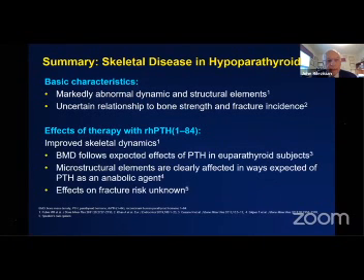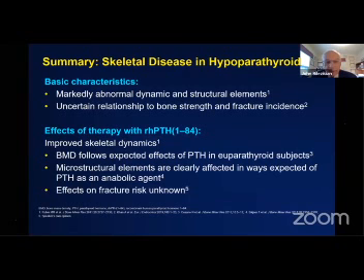So in summary, the basic characteristics show in hypoparathyroidism markedly abnormal dynamic and structural elements. We have an uncertain relationship of these elements to bone strength and fracture incidence. With regard to treatment using recombinant human PTH, we see improved skeletal dynamics.